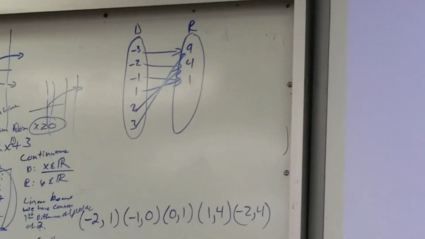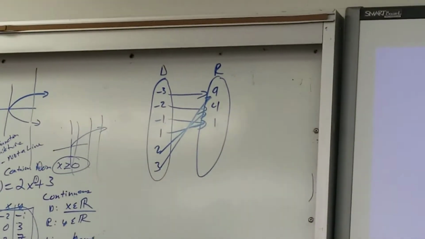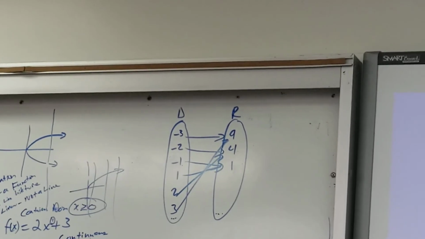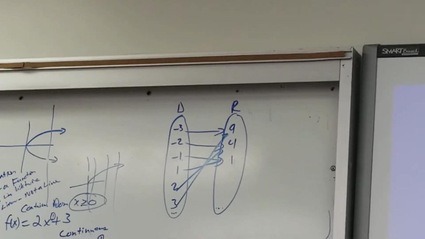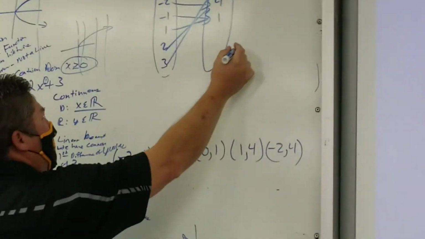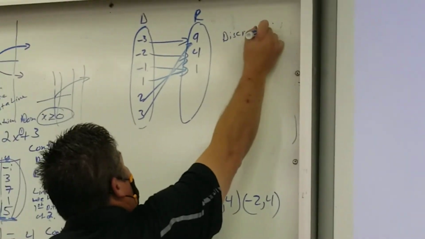Okay, let's look at this mapping over here. Now, once you see a mapping, unless it has something like dots at the end, is it ever going to be continuous? No. It'll always be discrete. Why? How come it's discrete?